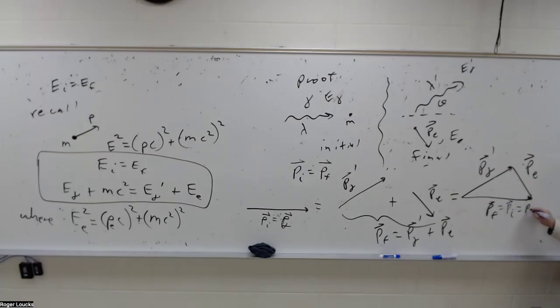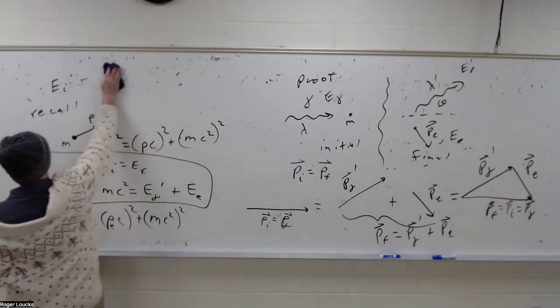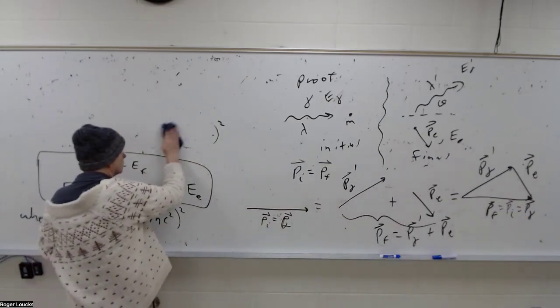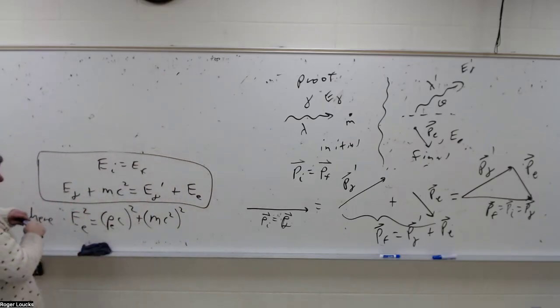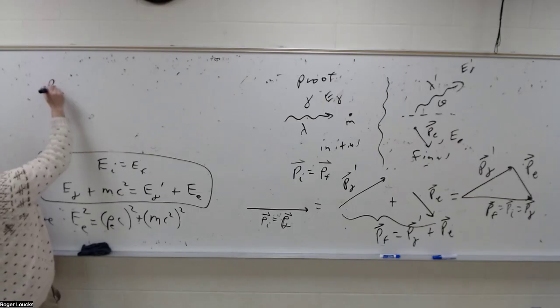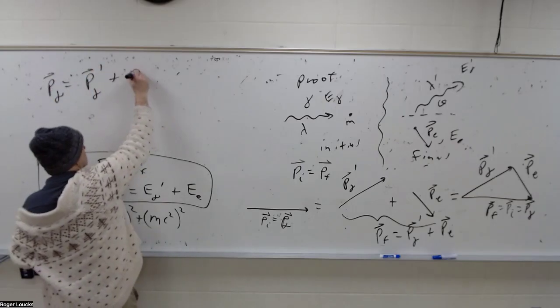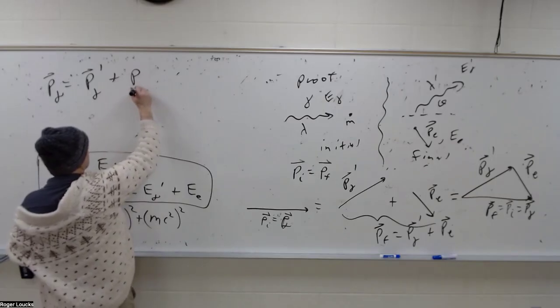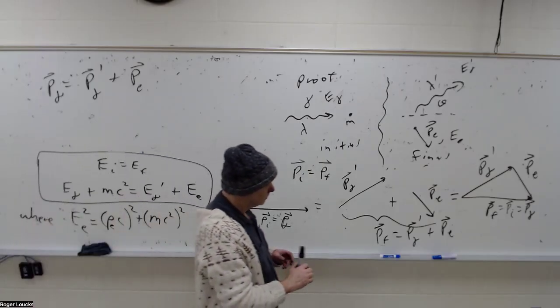So what I have here is this picture: P gamma plus P gamma prime plus PE like that. Where's theta in my picture? On the side. Yeah, here's theta.